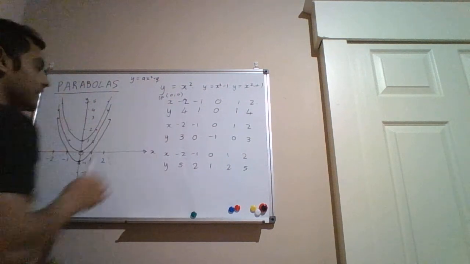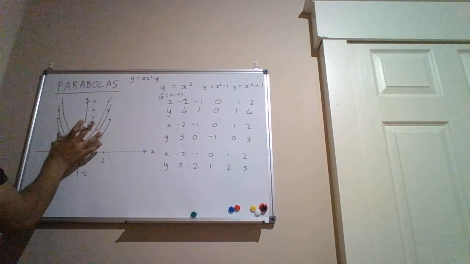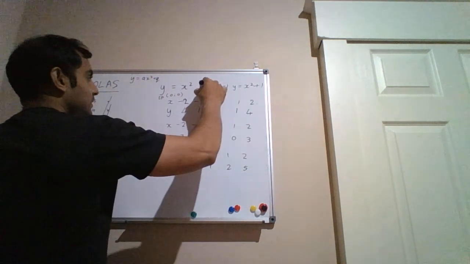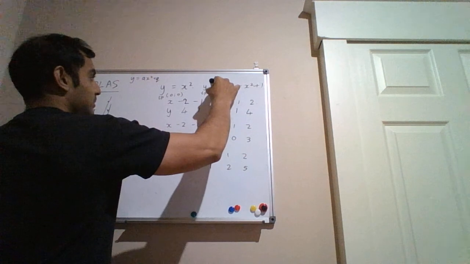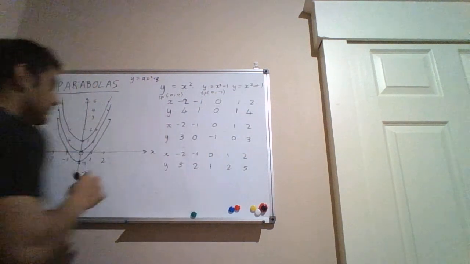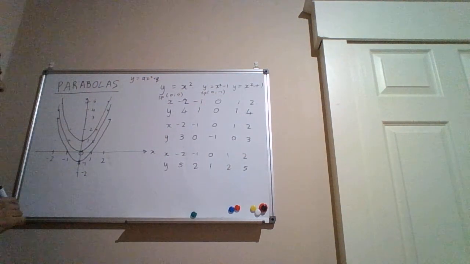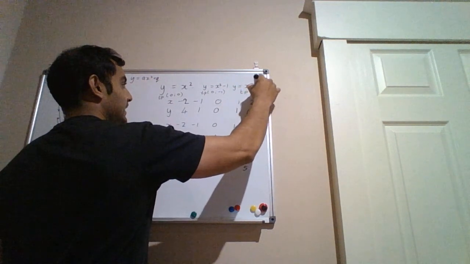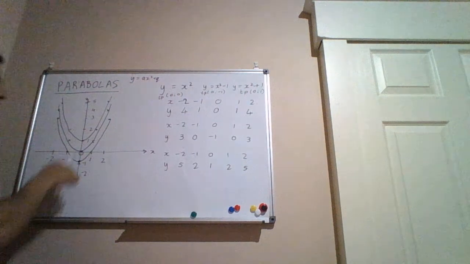For the next graph, y equals x squared minus 1, everything moved 1 down. So our turning point will be 0, minus 1 over there. And for the last graph, the turning point will be 0, 1, which is there.